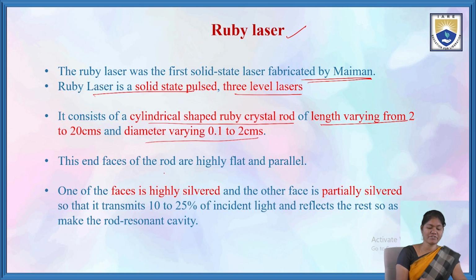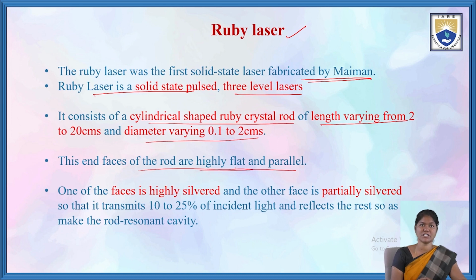The end faces of the rod are highly flat and parallel. One of the faces is highly silvered and the other face is partially silvered, so that it transmits 10 to 25% of incident light and reflects the rest, so as to make the rod a resonant cavity.